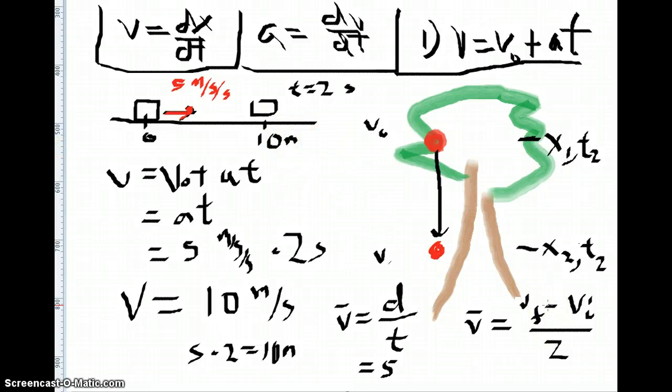But this is a little squirrely stuff. Like, maybe you don't trust me on the average velocity of something being the final velocity plus its initial velocity, dividing by 2. Maybe that doesn't make enough sense. It's something that works when you have constant acceleration, but only if you have constant acceleration.